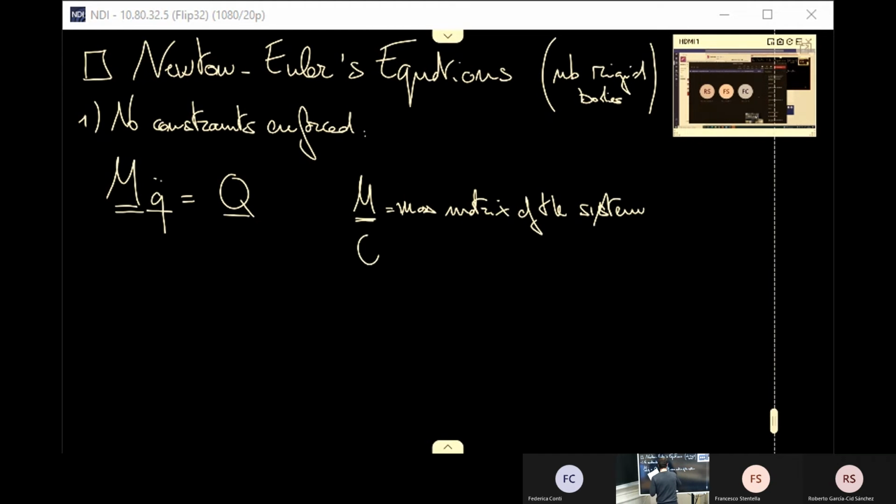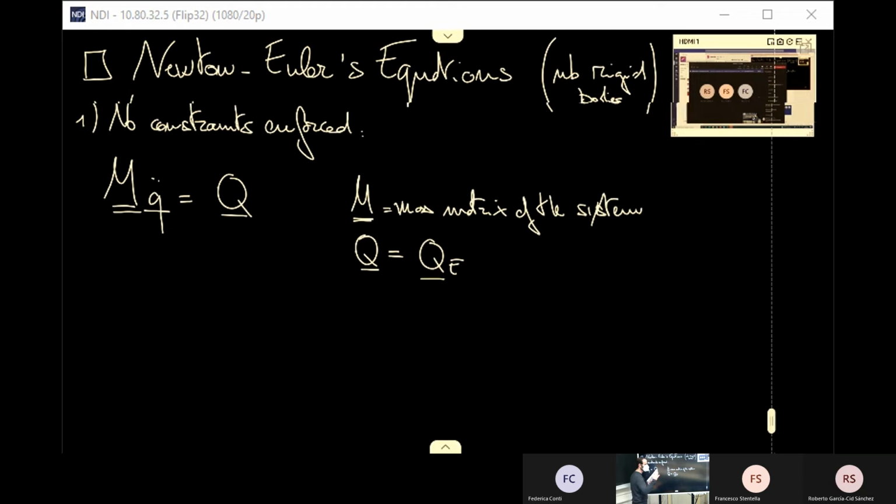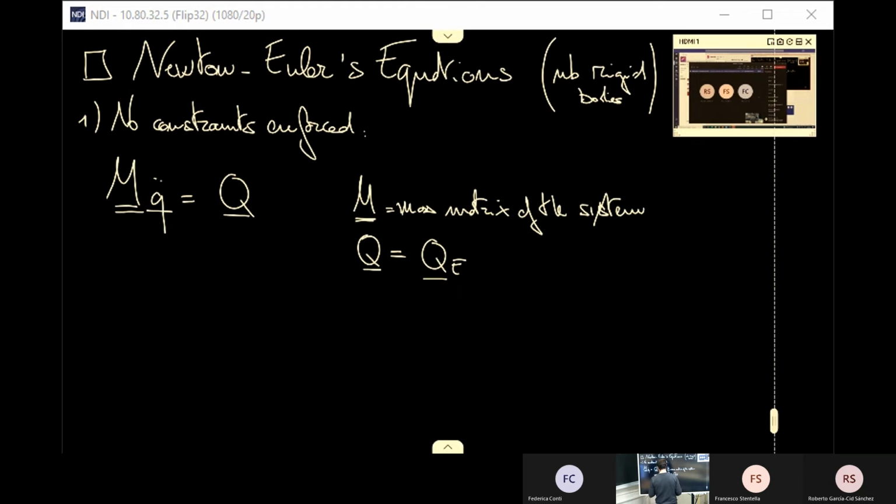And Q is basically a combination of the external force, of the resultant of external forces generalized, okay, so defined with respect to the generalized parameters, and the quadratic velocity vector, which basically takes into account inertial effects and Coriolis effects, centrifugal forces, and so on.